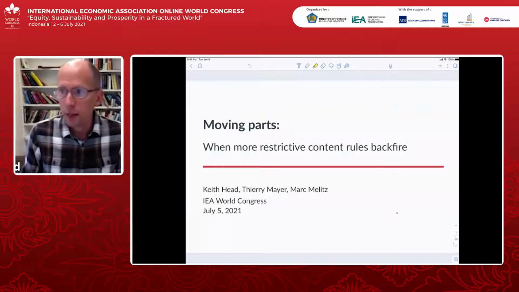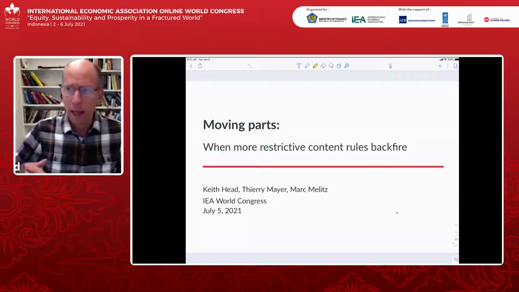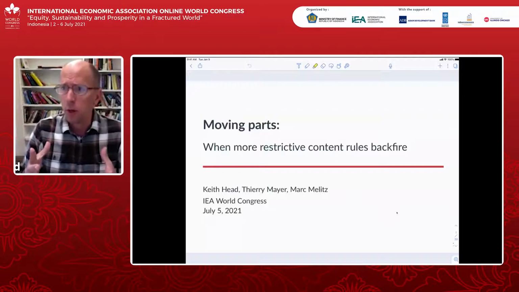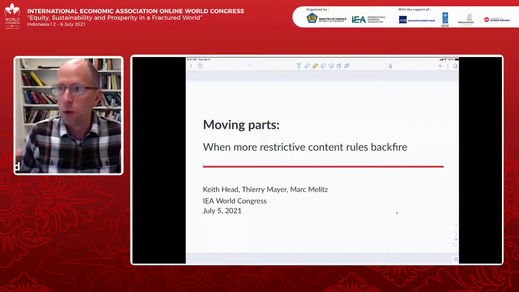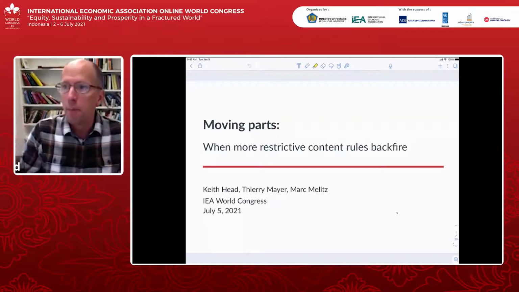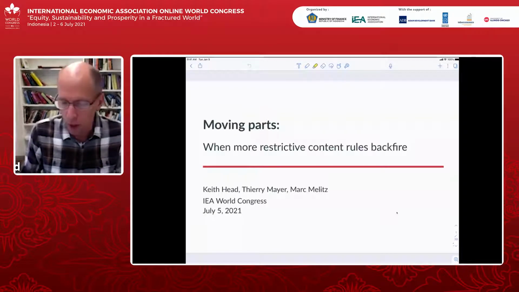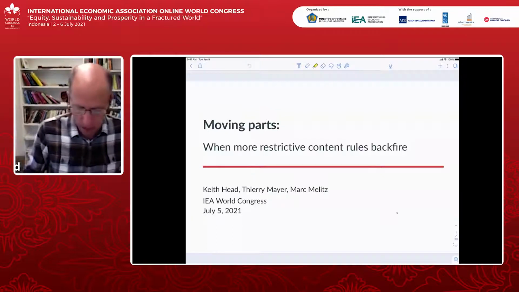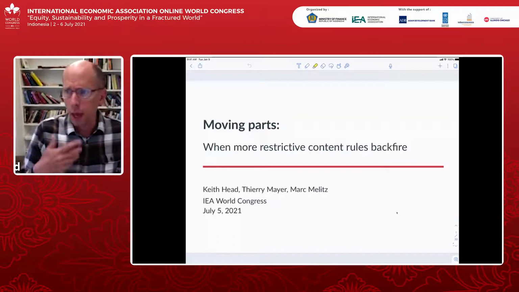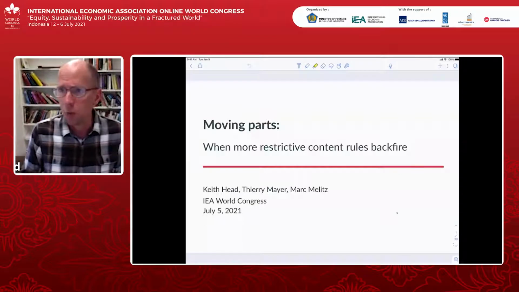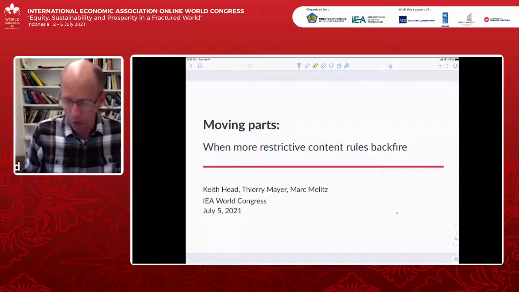The bane is that in order to get that tariff-free qualification, you need to satisfy often onerous rules of origin. And even worse, in the process of using all these inputs, you may make the thing that you're making from these imported inputs not qualify for the rules of origin in the region where you most want to sell it. So you may lose the advantages in effect. And so that's what we have in mind when we say that restrictive content rules can backfire. They can make a place less attractive.